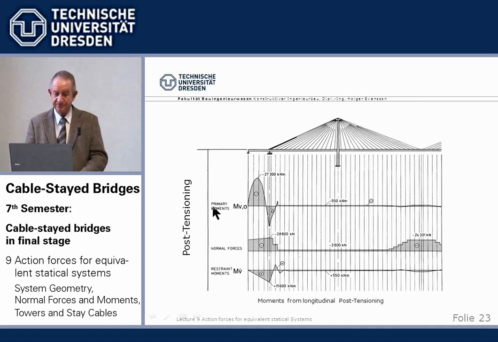We see here the primary post-tensioning moments from eccentricity, post-tensioning force times distance from the center of gravity, primary, and here the corresponding restraint moments. And as I told you, it's all computer calculated. Don't believe me, believe the computer. They balance one another, the two. So all what is left from post-tensioning is a normal force.